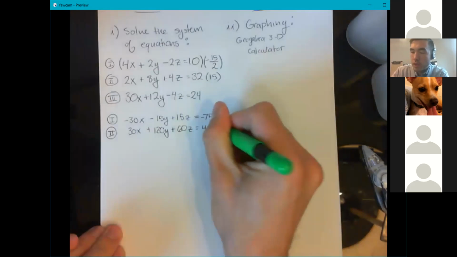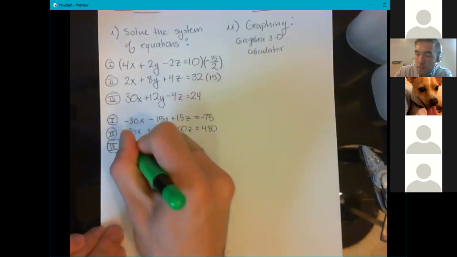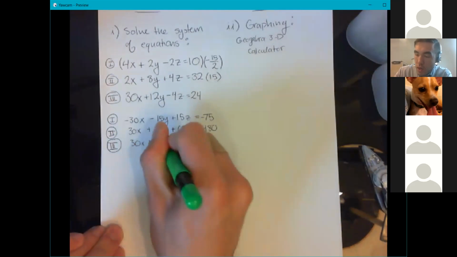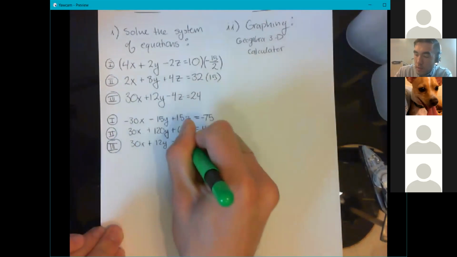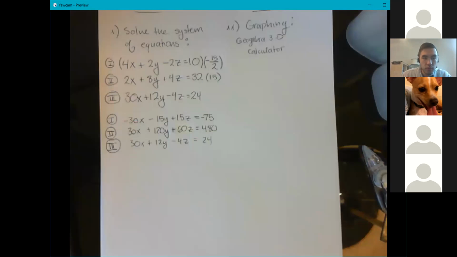And then the bottom equation just comes along as normal, so that's just going to be 30x plus 12y minus 4z is equal to 24. Is that okay for the first step, just kind of setting up our elimination of x? Yeah? Okay.